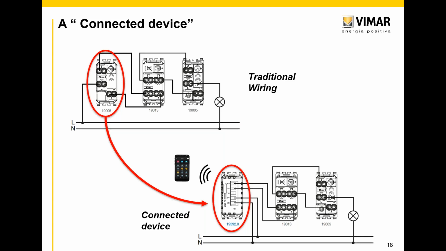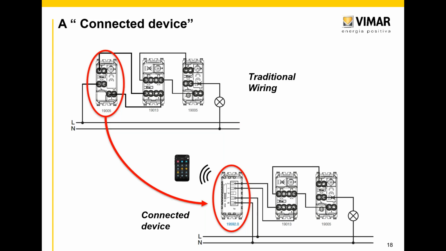transforming this wiring to a connected one, it is necessary just to replace the first two-way switch on the line. Why the first one? Because it has to be powered. So the smart switch, the connected switch, needs phase and neutral, so we need the power, and then bring the neutral as well.